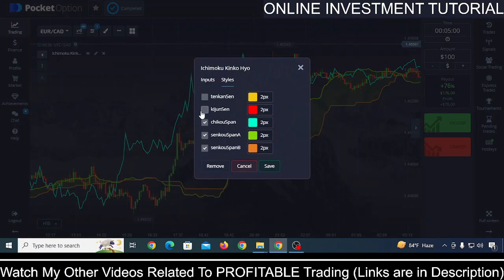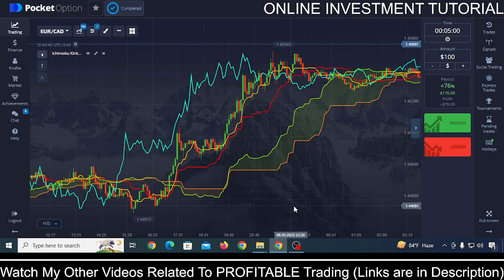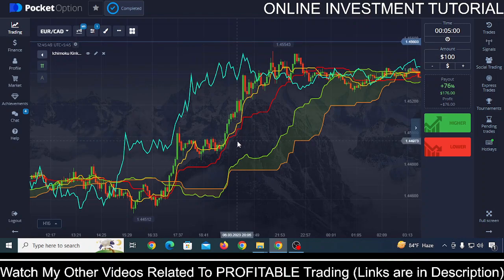Now we have these two lines, this red and yellow line. These are the lines which help you find the entry point. It will show you the entry point from where you can exactly make the trade. Now watch it very carefully.